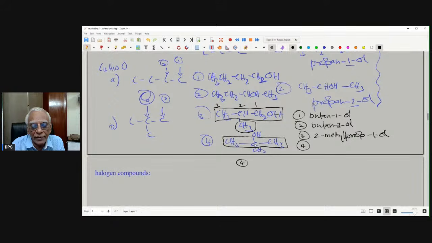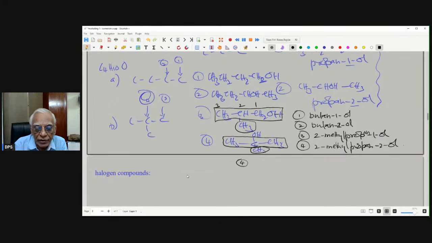It's on the second carbon atom, propan-2-ol. The methyl group is on the second carbon atom: 2-methylpropan-2-ol. Now, we'll go back to the relationship.